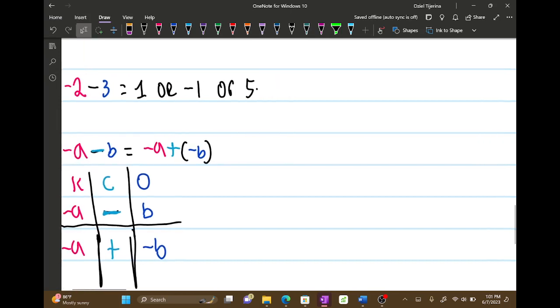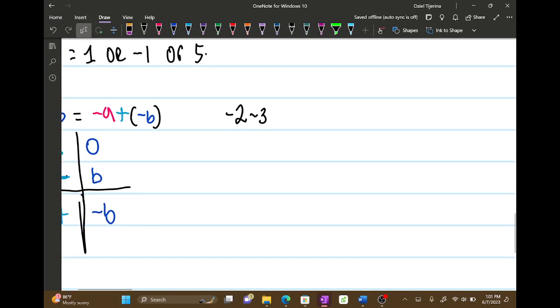So when I do negative 2 minus 3, like I said, it's negative 2, minus, and then 3. Well, this just becomes negative 2 plus negative 3. Now, obviously, two negatives are being added here.